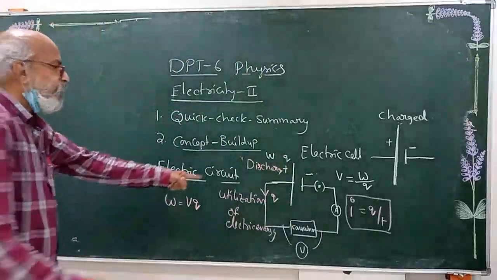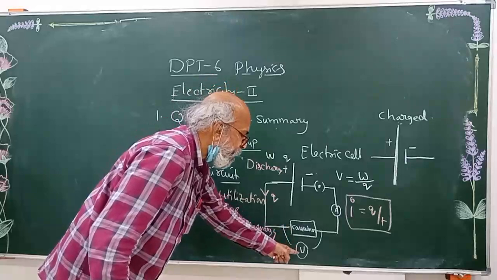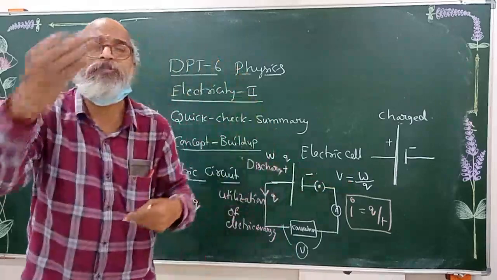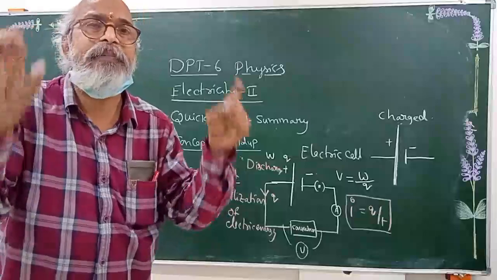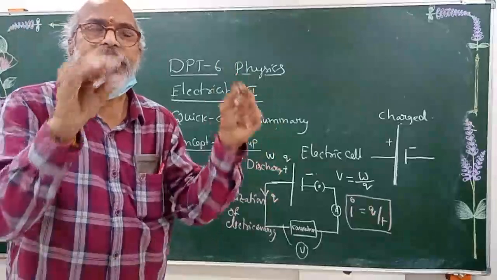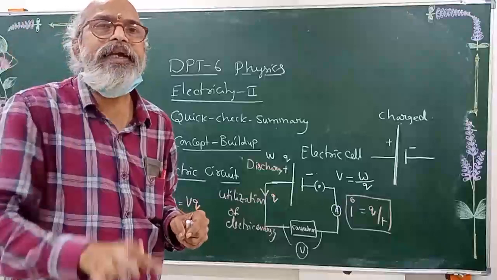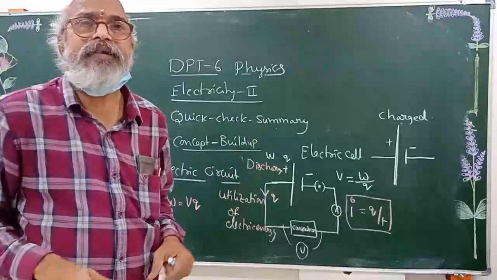So the charge Q is transferring across the terminals having potential difference V. What happens? Energy will be dissipated. Flowing charge releases energy. That is the main theme on which the whole of electrical engineering depends.